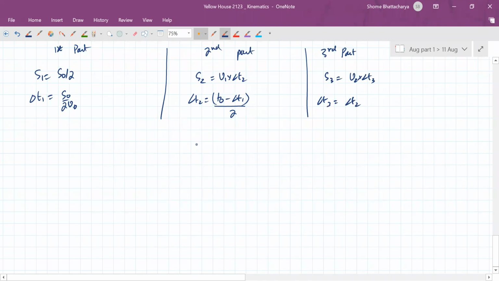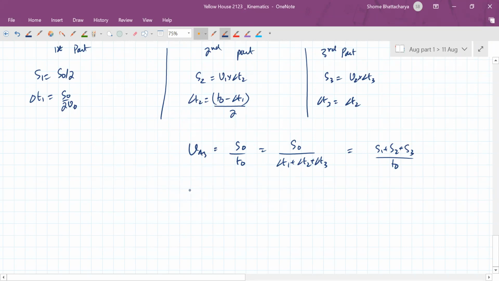Okay, now we have to calculate V average, which is S naught by T naught. Okay. So there are two ways we can do this. We can calculate it as S1 plus S2 plus S3 divided by T naught and then substitute. Okay, so which is going to be easier here?